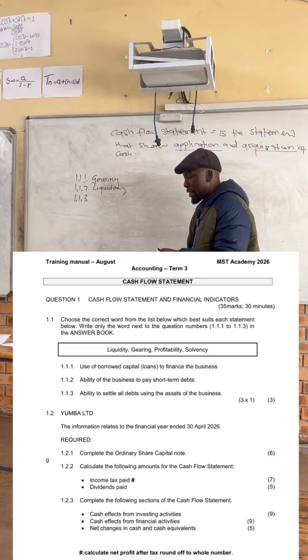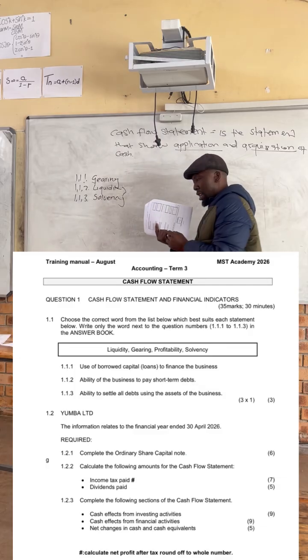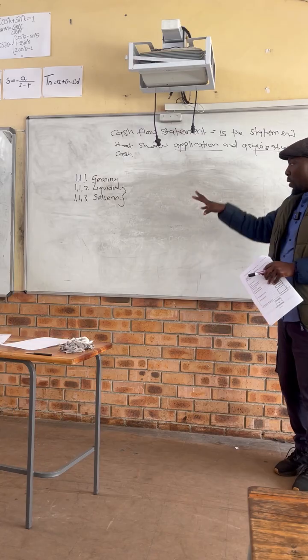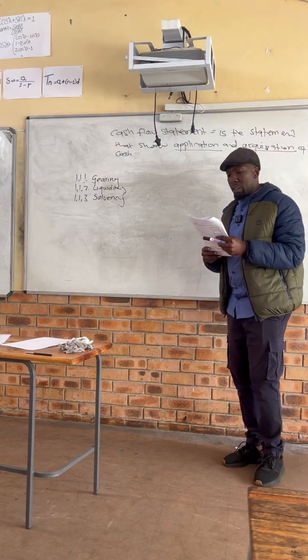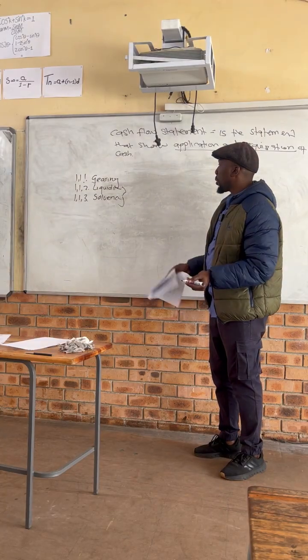So profitability is not going to be part. Then the last one will be solvency. Good. Eliminate the one that you think is not part of it, and then you go for those ones that you think are good. Okay. Now, let's go to 1.2.